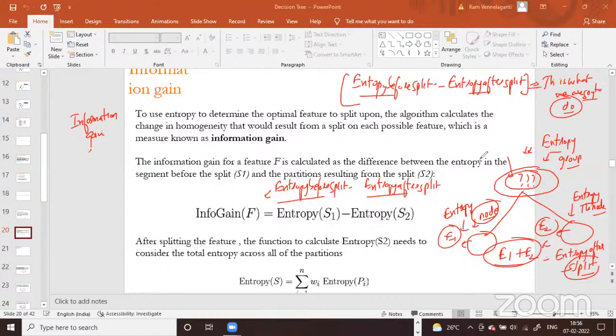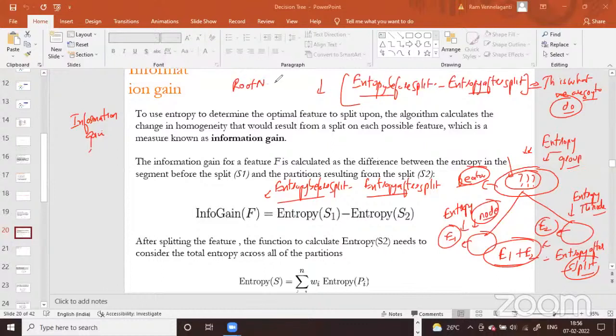Now, whichever feature can reduce your entropy by maximum extent, that means whichever attribute is capable of reducing your entropy by maximum extent, that feature you are going to call the root node.